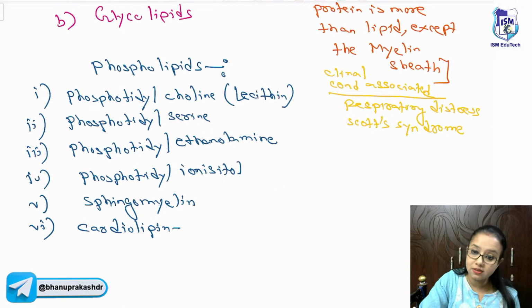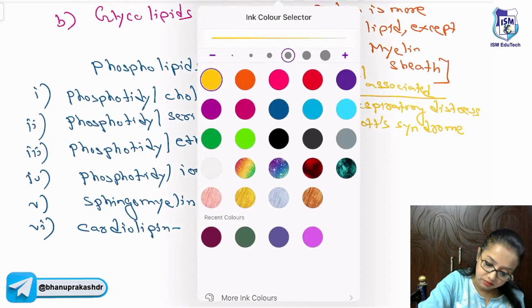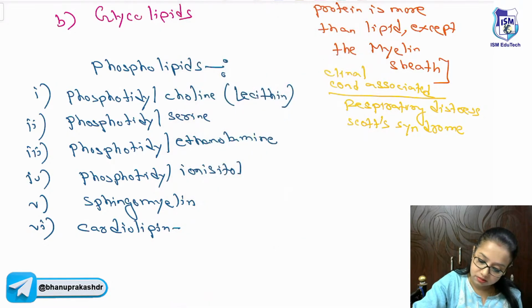Phosphatidylethanolamine or cephalin, if this is inadequate, it is seen to result, indirectly, again in a bleeding disorder.